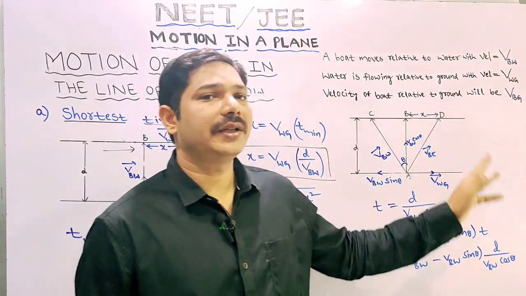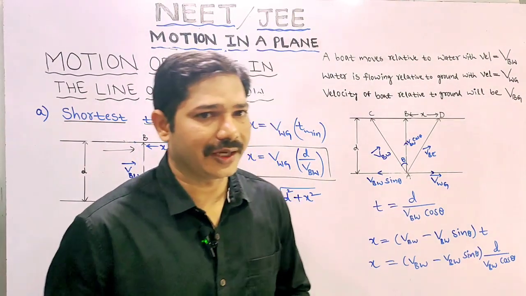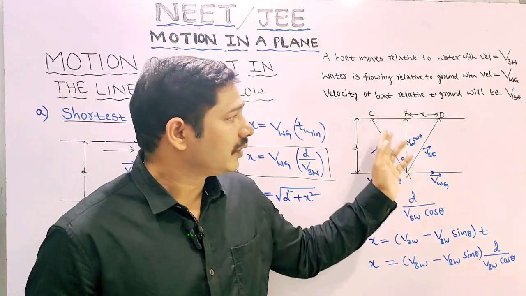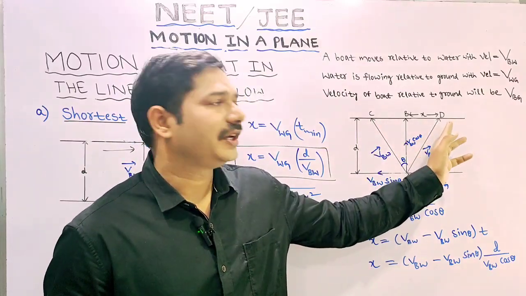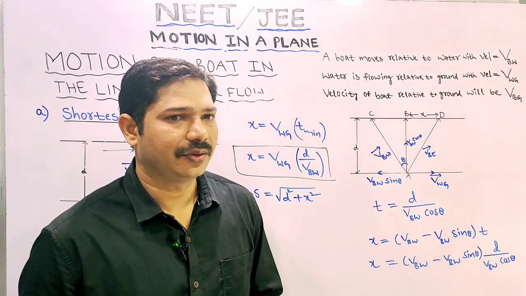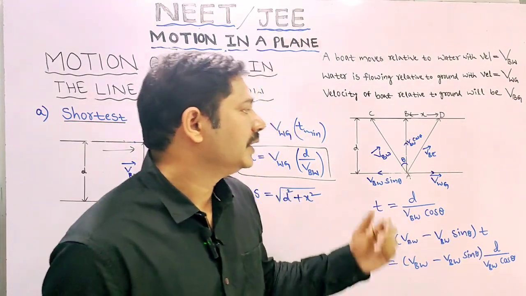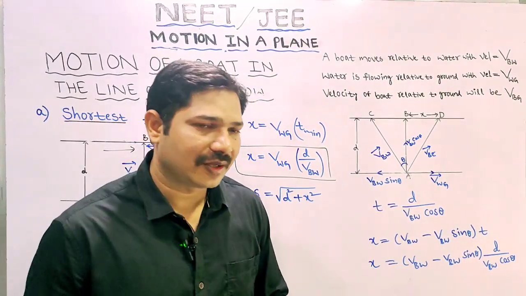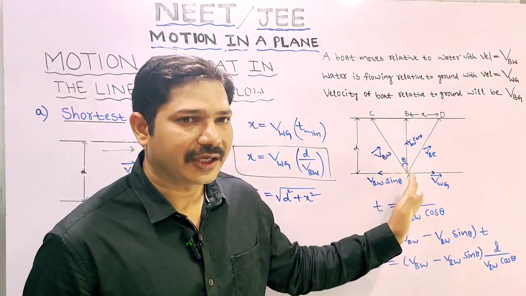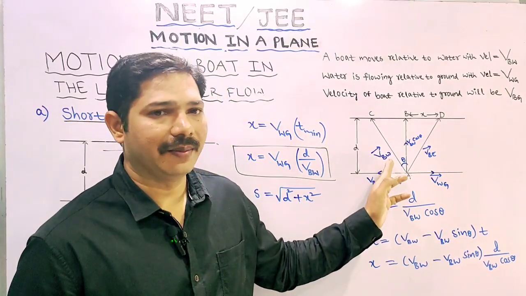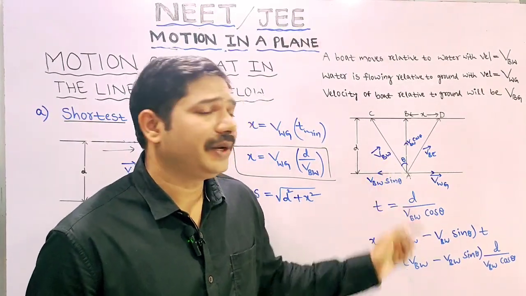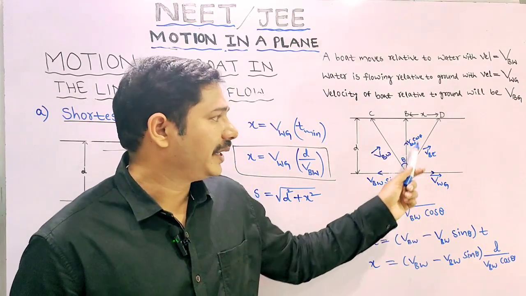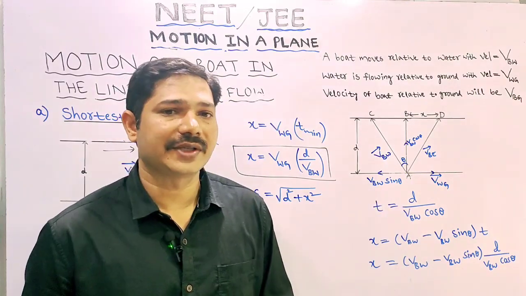Even then, the flow of water is more than his aim angle, so the boat reached another point, point D. Here V_BW, the boat velocity with respect to the water, is at angle theta with the normal. This V_BW I am resolving into two rectangular components: one is V_BW cos theta, another one is V_BW sin theta.